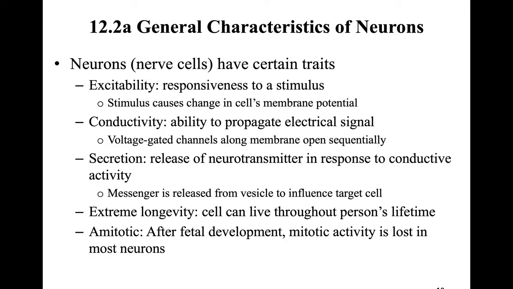Also, you see on this slide excitability, and the second one being conductivity. Notice they are the same two you had for muscles earlier for the skeletal muscle. So excitable and conductive. Neurons, just like muscles, are excitable and they are conductive. And they're excitable how? Electrically and chemically.